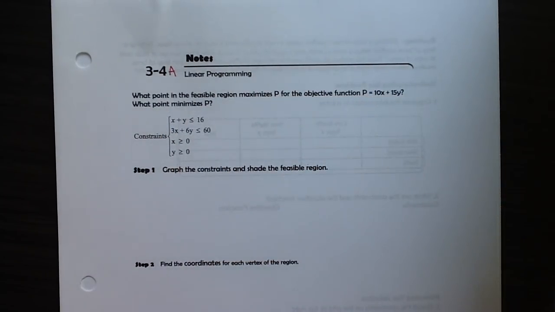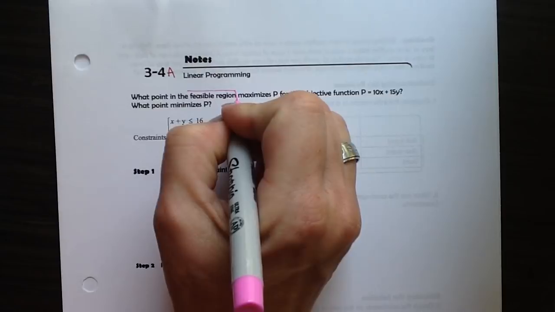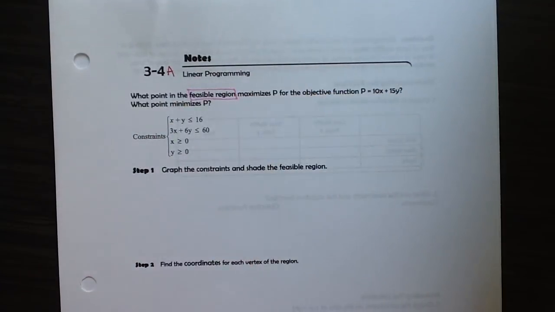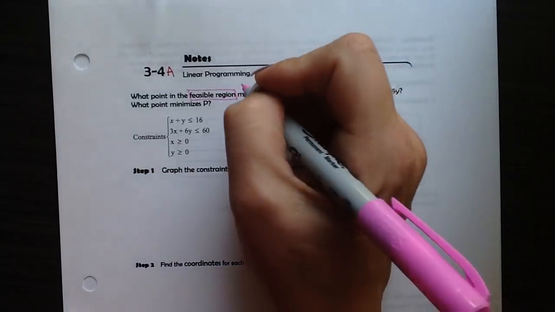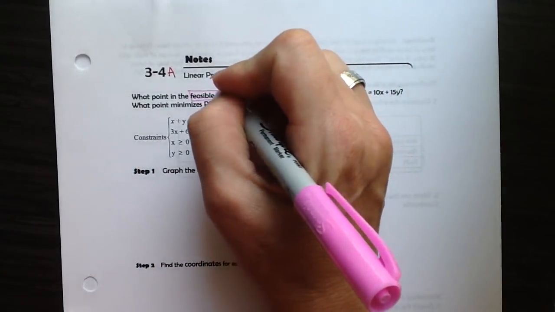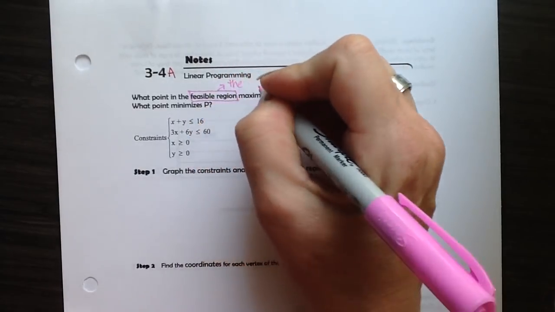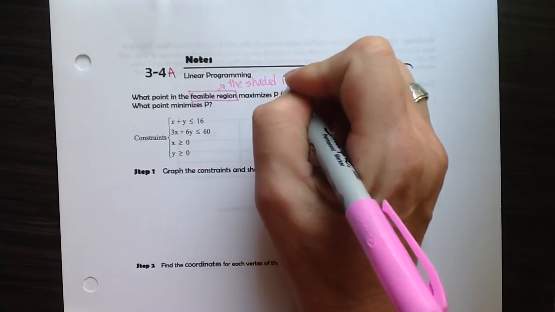So let's talk a little bit about the vocabulary that's going on. The feasible region is a fancy word for the shaded region that is created by this system of inequalities. We already know how to create a shaded region from previous lessons. Now we just get to call it something different. So this is the shaded region.